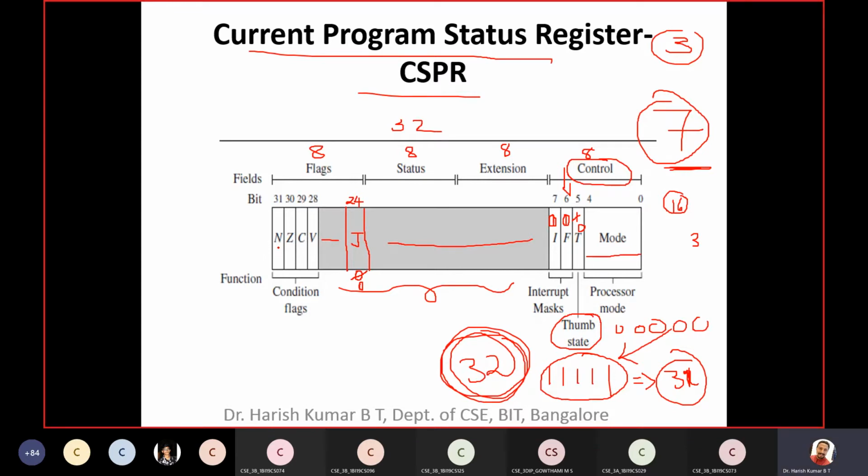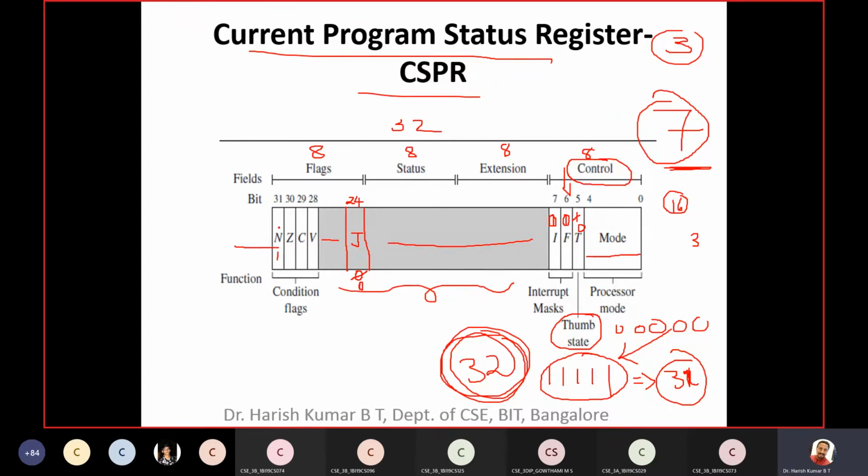This is the negative flag. Whenever the ALU is performing some arithmetic or logical operation, and the result of that operation is a negative number, then this bit will be set. So the negative bit will be set to 1.